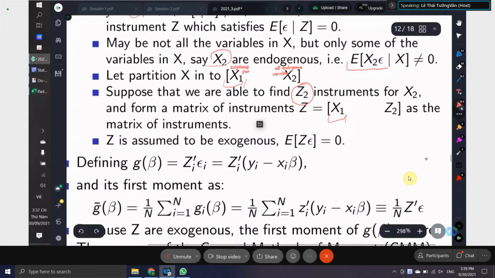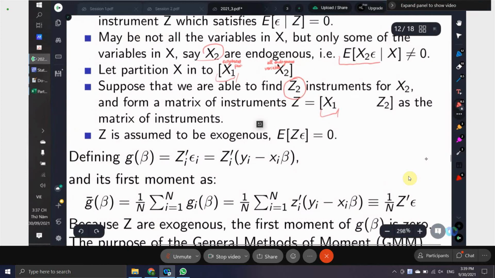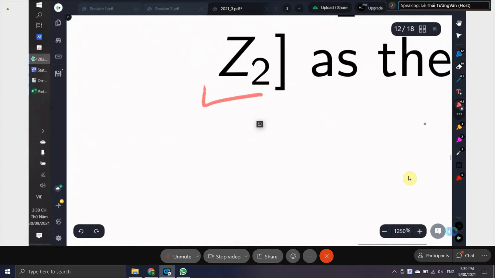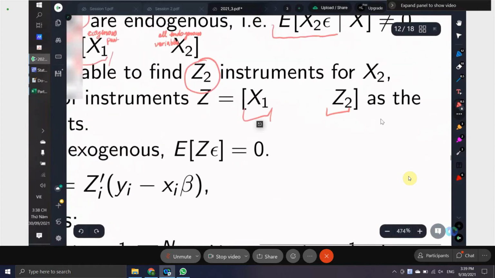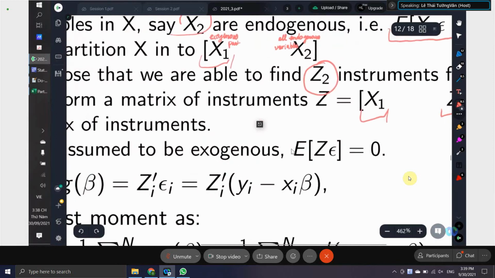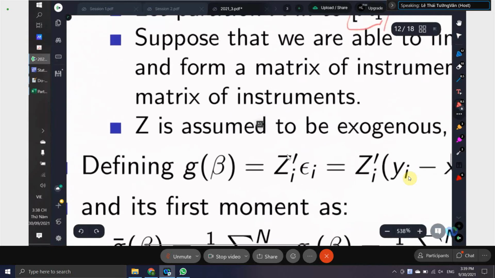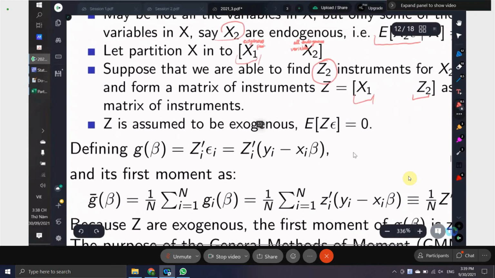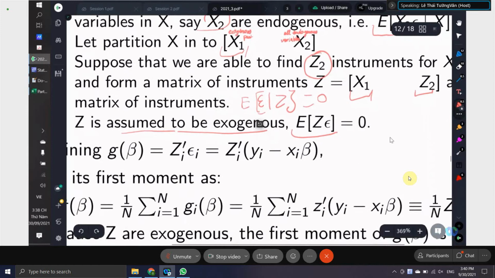Because Z is assumed to be exogenous, when we assume that Z is exogenous, we mean that the expectation of epsilon given Z is 0. In other words, the covariance between Z and epsilon is 0.